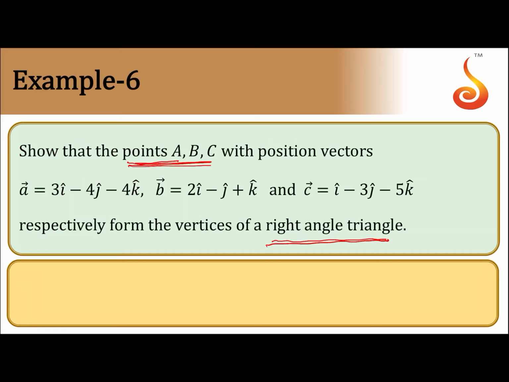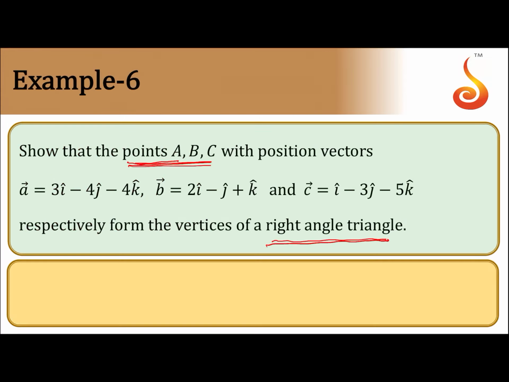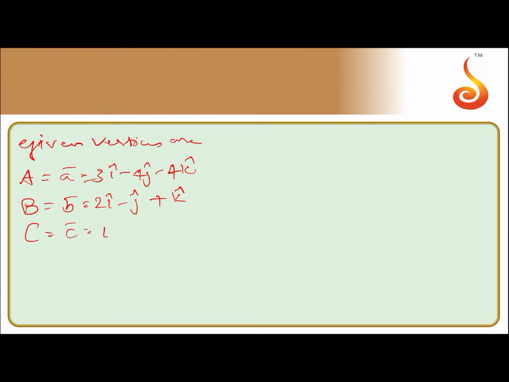A has the position vector 3i minus 4j minus 4k, B has the position vector 2i minus j plus k, and C has the position vector i minus 3j minus 5k. So these are the 3 points with the position vectors A, B and C.